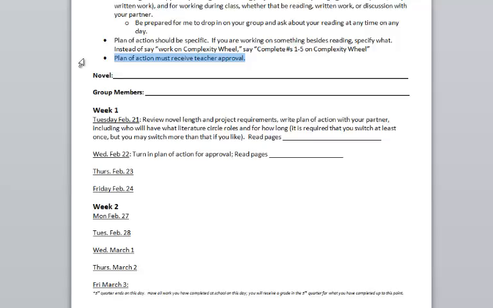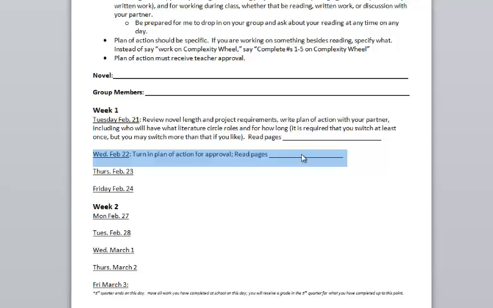So that would be on Wednesday, our day back in class. You should have these filled out. You should know what you need to read on Wednesday so that you can give these papers to me so that I can check them. You can still be busy working on your novel, reading your novel, while I go through and make sure that these plans of action are appropriate.